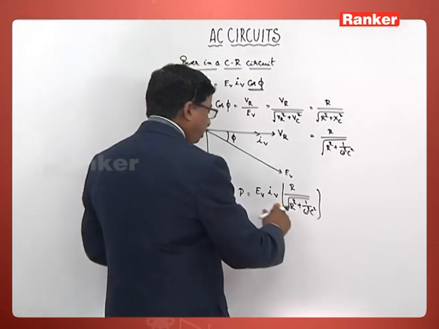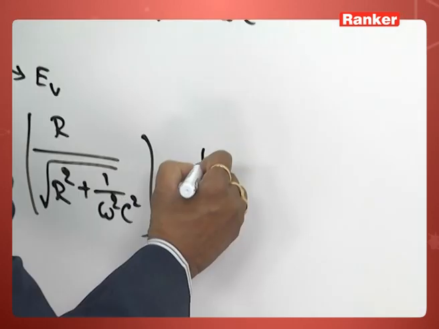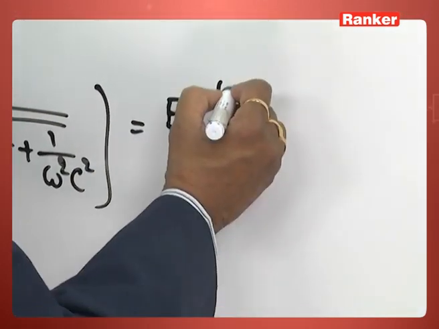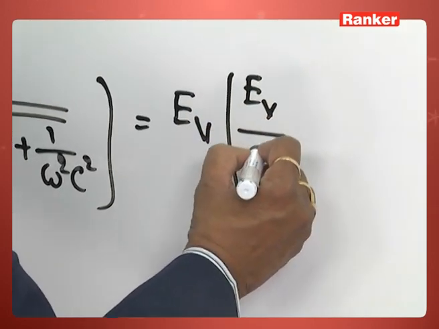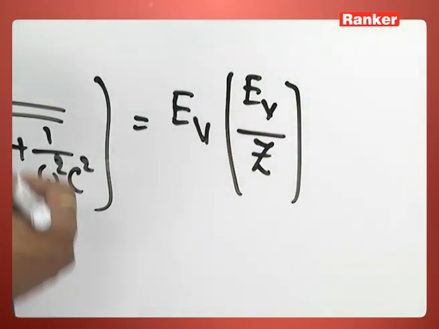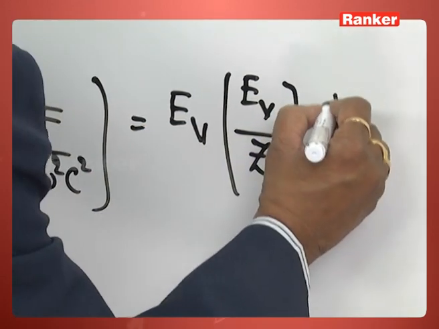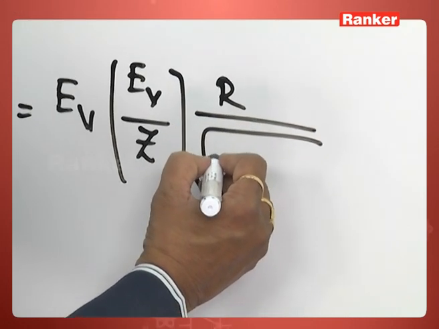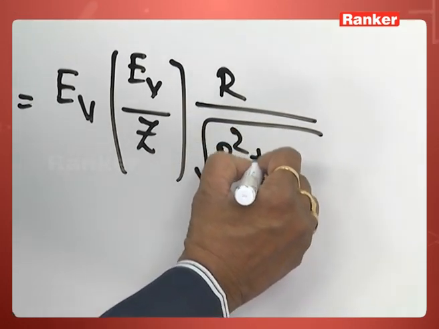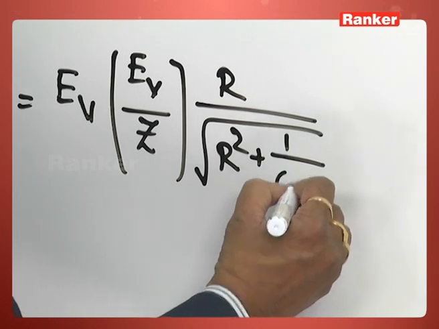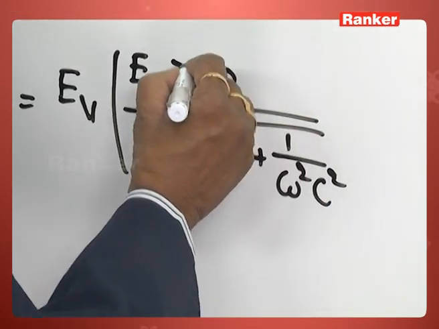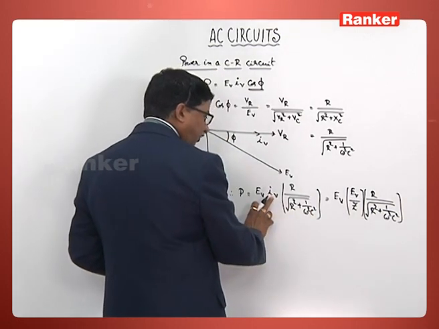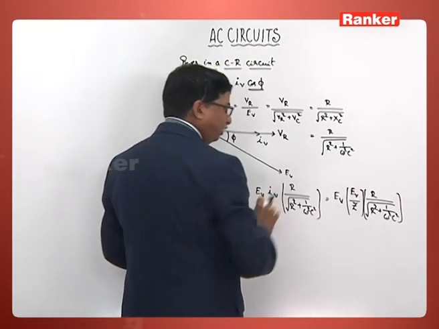Therefore, we can rewrite the same equation this way: virtual value of EMF into virtual value of EMF by impedance into the power factor, which we have got as R over root over R square plus 1 by omega square C square. This is the way we replace IV by EV by Z.